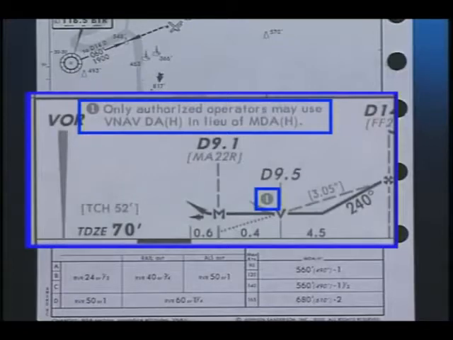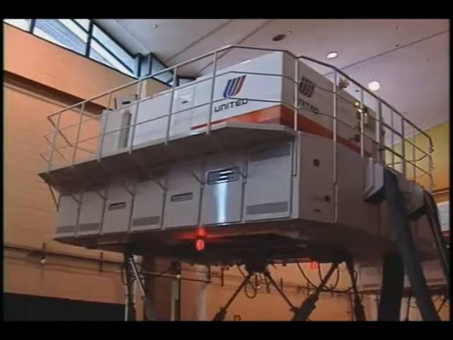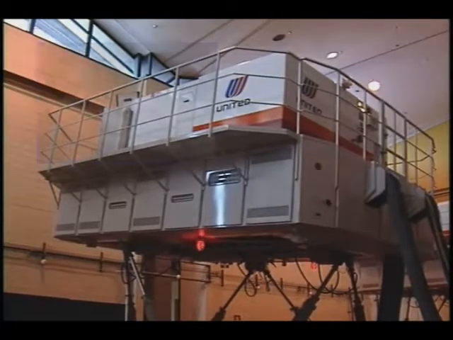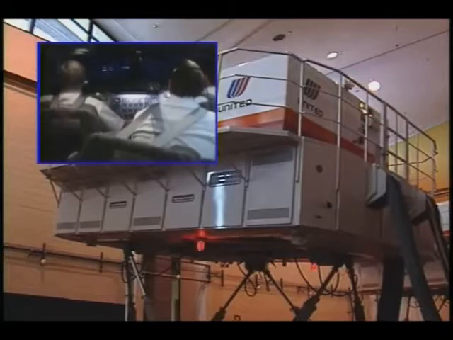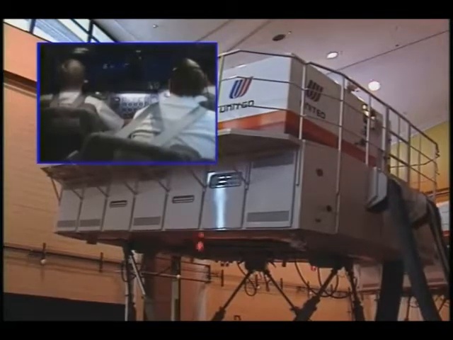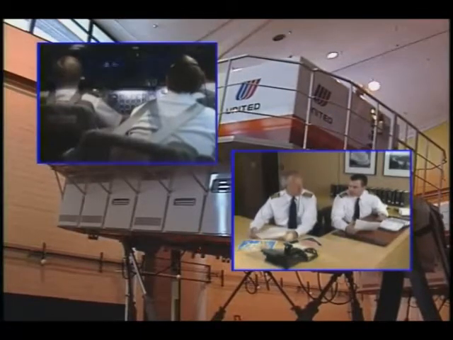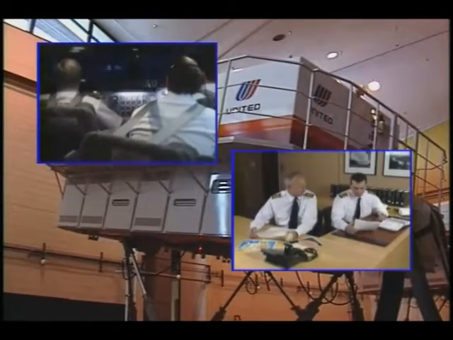This tells you that the DAH operational techniques apply to operators who have obtained permission from their controlling authority. Use of the DAH operational technique is subject to appropriate flight crew training, proper equipment, and operator approval. Contact your local FSDO for more information regarding the authorized use of VNAV decision altitudes.